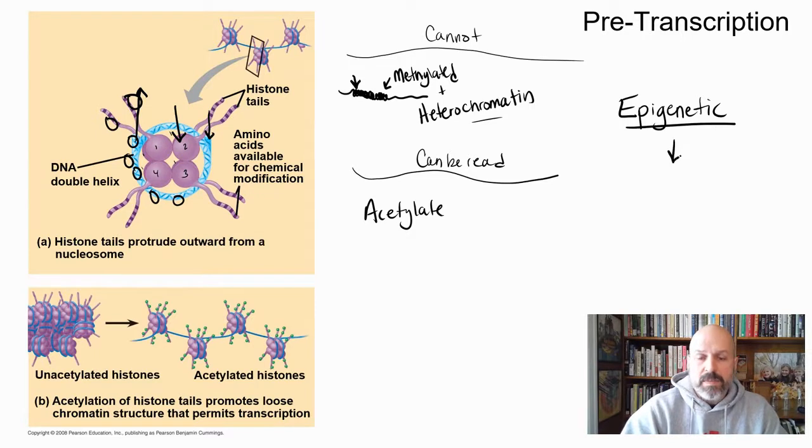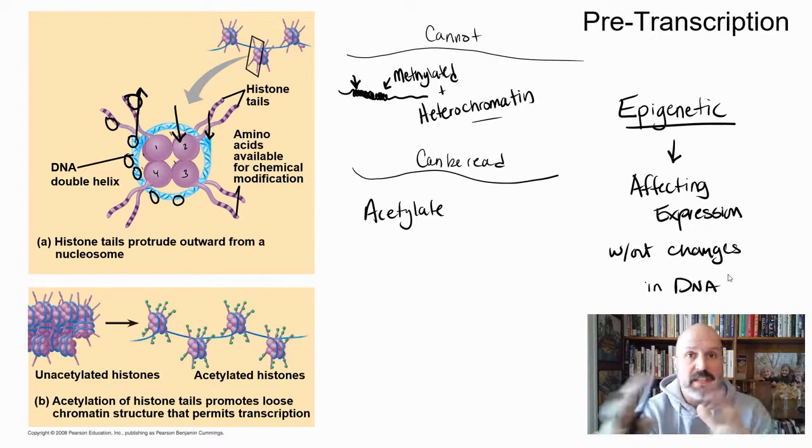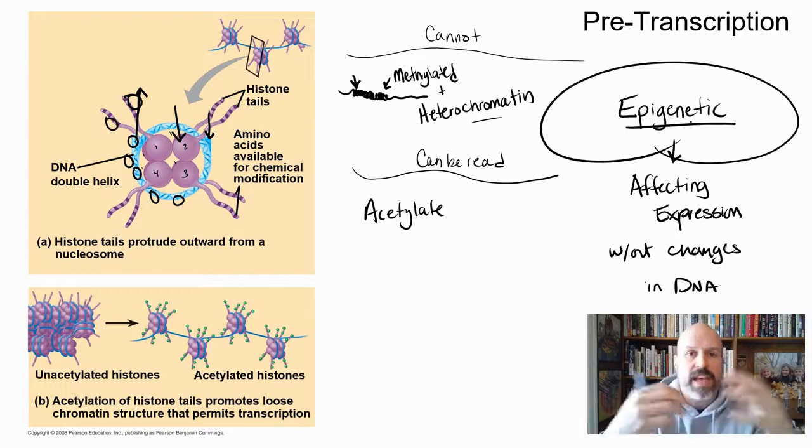Epigenetic means we are affecting expression without changing the DNA, meaning we're not turning on or getting rid of or substituting A, T, C's or G's. We're just deciding which ones can be read. That's an epigenetic way of controlling gene expression. We need to know that phrase for this chapter.